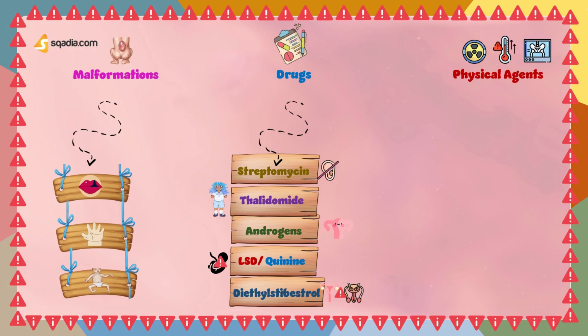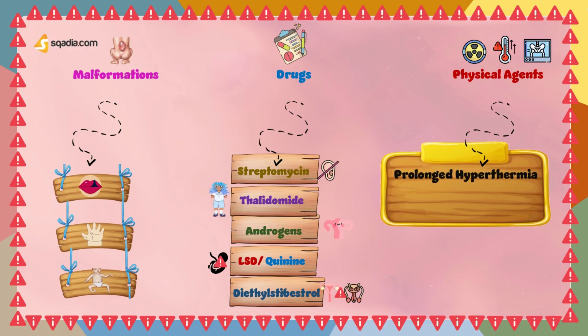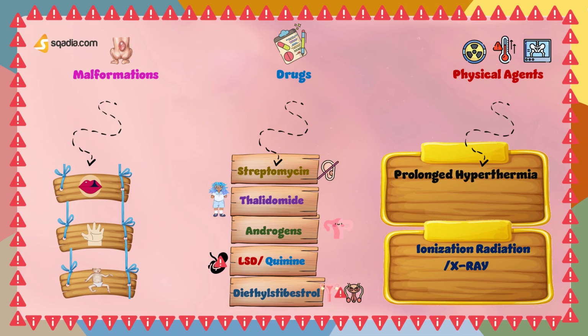We have also discussed that tobacco smoking causes growth retardation and premature delivery. Last factor causing fetal abnormalities was the physical agents, which includes prolonged hyperthermia in early pregnancy, and ionizing radiation and X-rays. And there are many other physical agents.